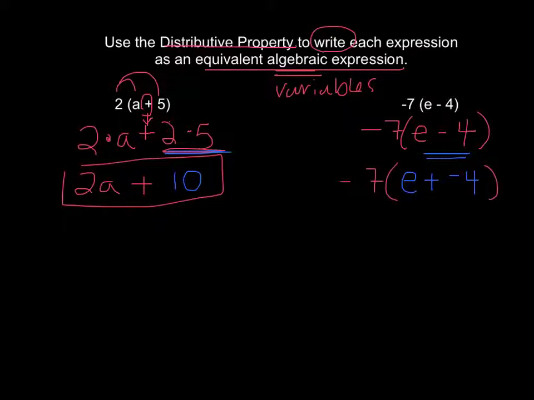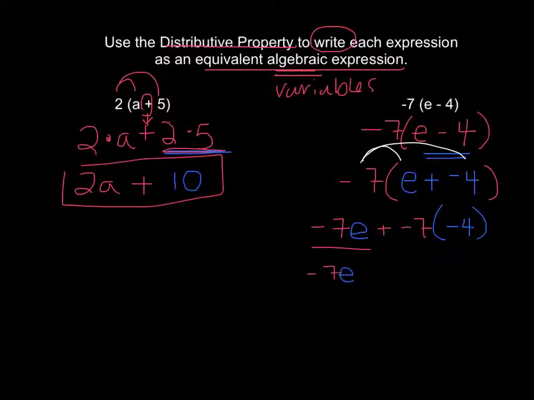So we can now do this work. Negative 7 times e plus negative 7 times a negative 4. So we have negative 7 times e.